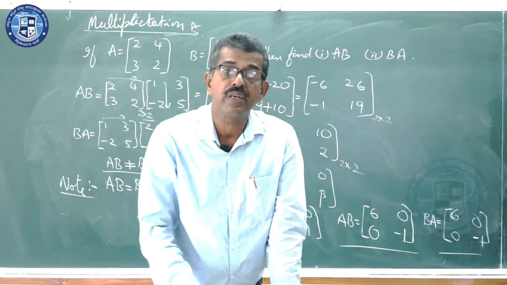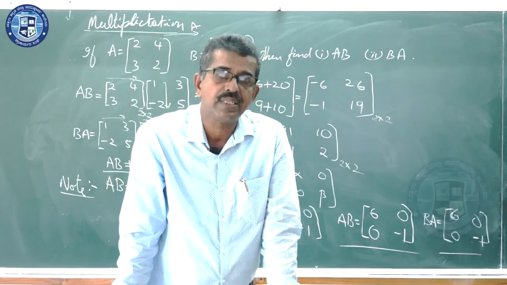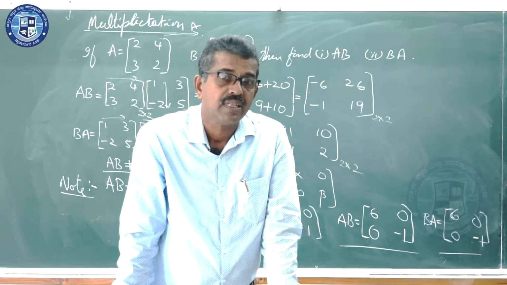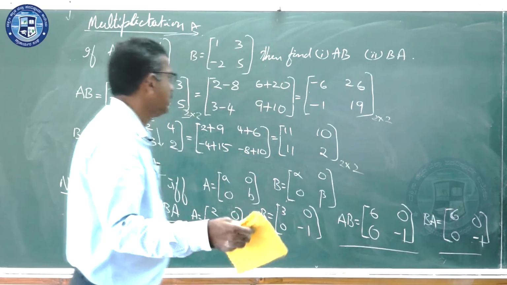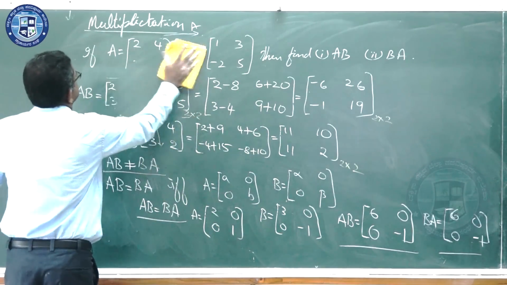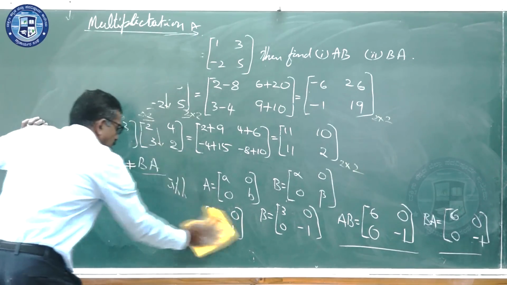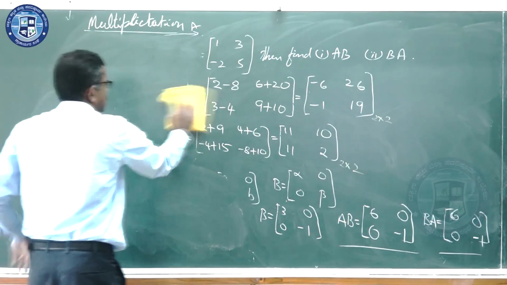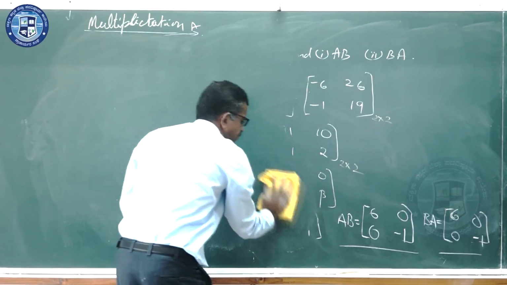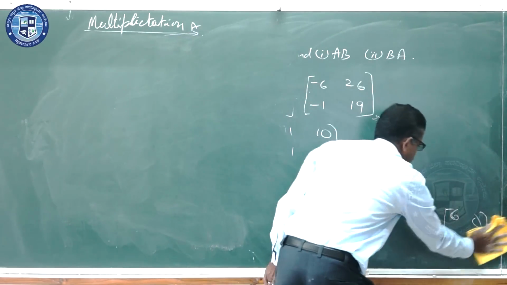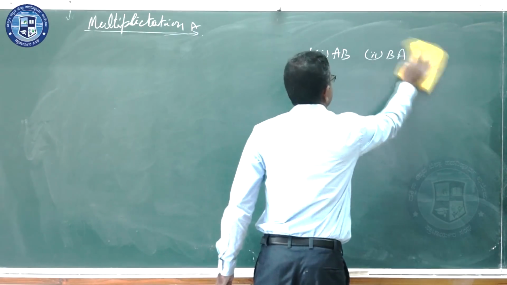But in the case of matrices, is it necessary that when the product of two matrices is a null matrix, one of them is a null matrix? Of course, that is not necessary. To make it very clear, I'll give an example.